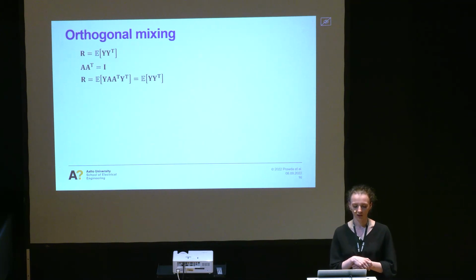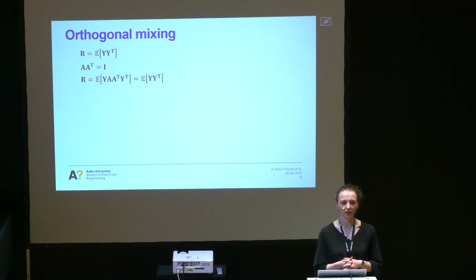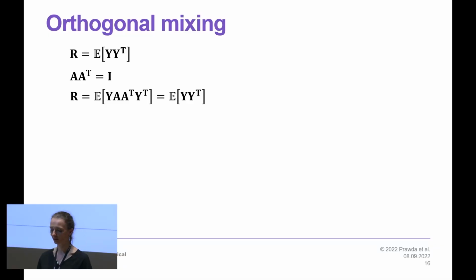If we treat our correlation matrix as an expected value of our matrix multiplication, where matrix Y contains our IVN signals, and then we have an orthogonal matrix of the same size, then if we perform just this simple multiplication of our matrix with this orthogonal matrix, then the third row in these equations becomes the first row.